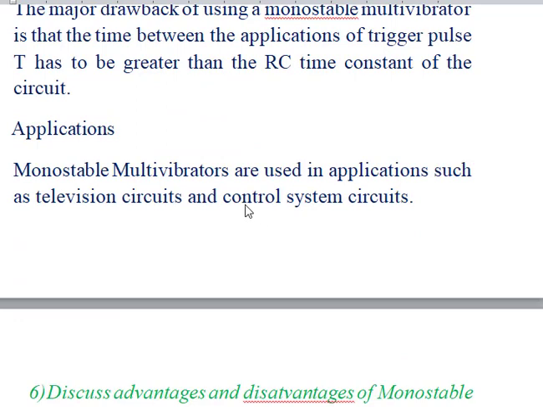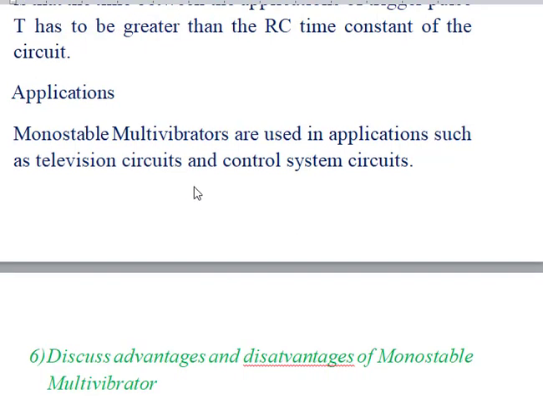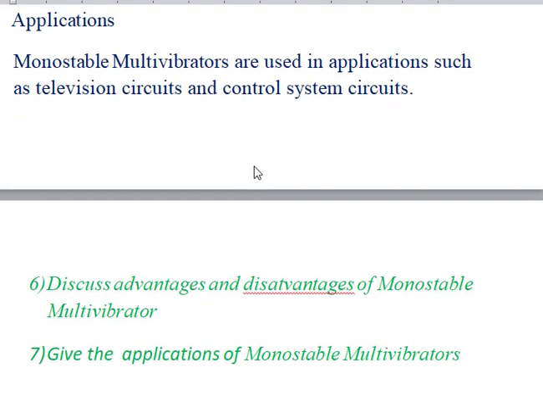Now the application of the monostable multivibrator. The monostable multivibrator is used in television circuits and control system circuits, and in designing on-off lights and many more applications.